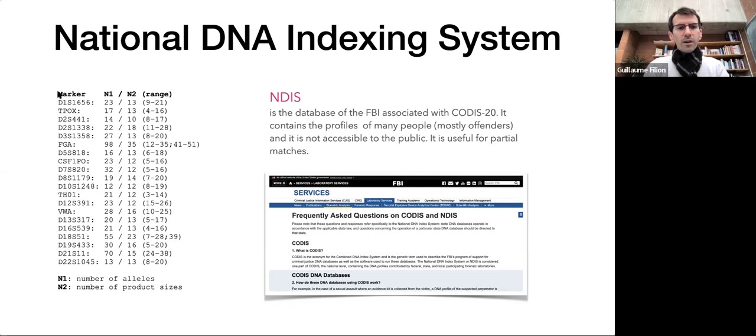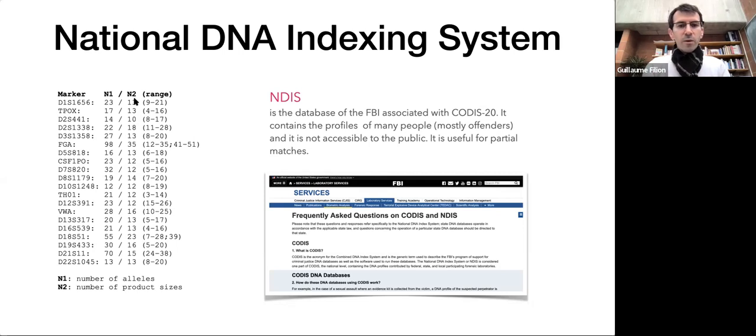So you have the list of all the 20 alleles that I used in the CODIS 20, and you have here the number of alleles that exist for that particular marker, and you got two numbers, N1 and N2. N1 is the total number of alleles, N2 is the number of different sizes that can be observed.